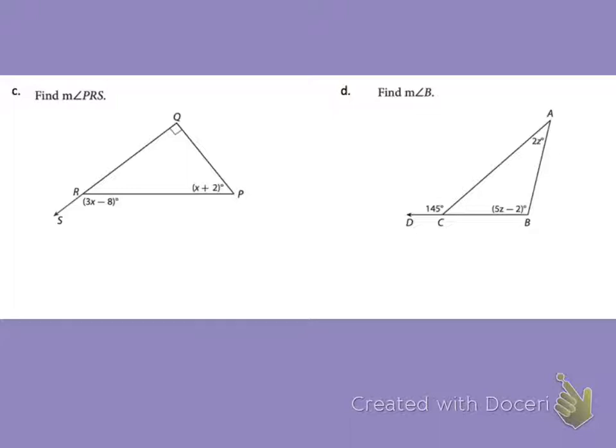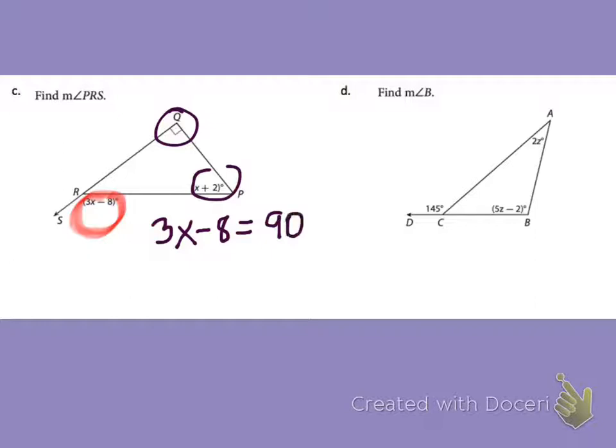Here's the exterior angle, on the outside, and it's equal to 3x minus 8. But it has to be equal to the sum of the two remote interior angles, so 90 plus the other angle, which is x plus 2. So there you go.